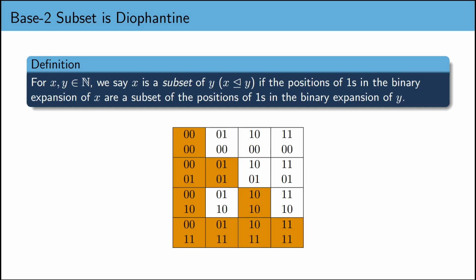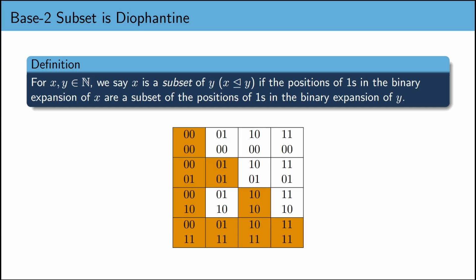I've plotted out a diagram of this relation for the two-digit binary numbers 0 through 3. Each column corresponds to a different x value, reading from left to right, from 0 to 3, which shows up as the top number in each cell, and each row corresponds to a different y value, reading top to bottom from 0 to 3, which shows up as the bottom number in each cell.